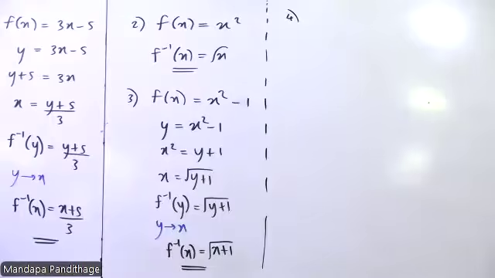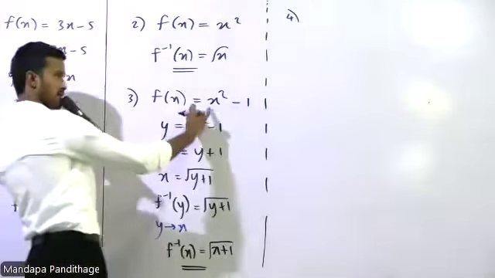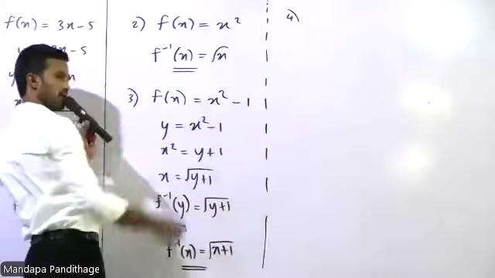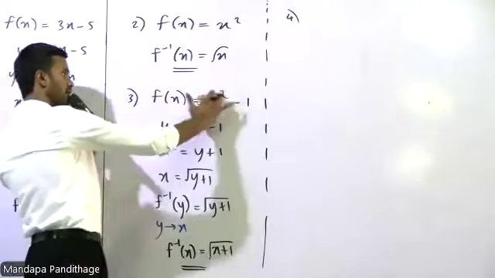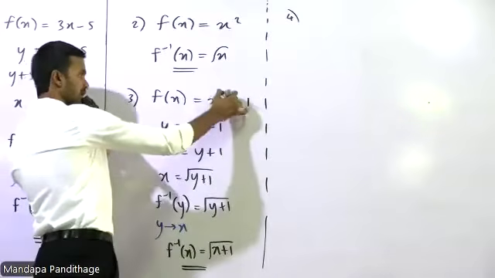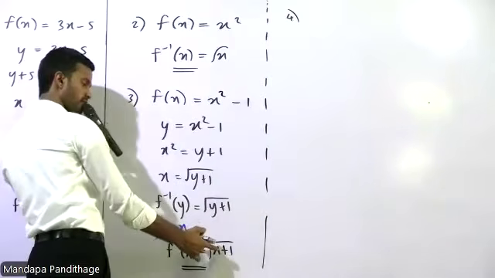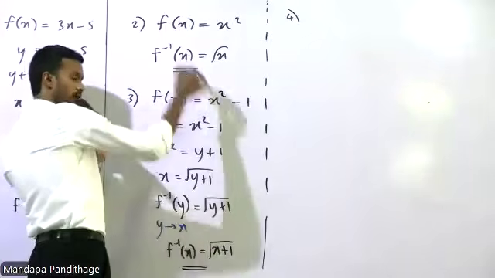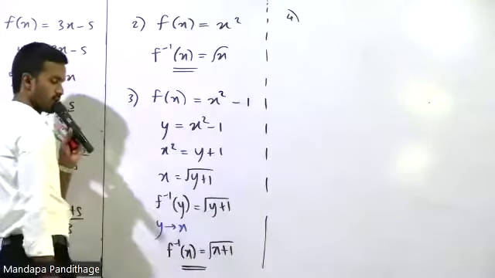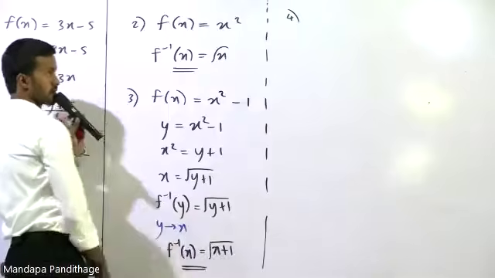Okay. So then question number 4 is the square root. Here it's clear. What does the function do? It considers the square and 1 is subtracted. So I have added that subtracted 1, and to take out the square I have taken the square root. So every time it's the reverse.